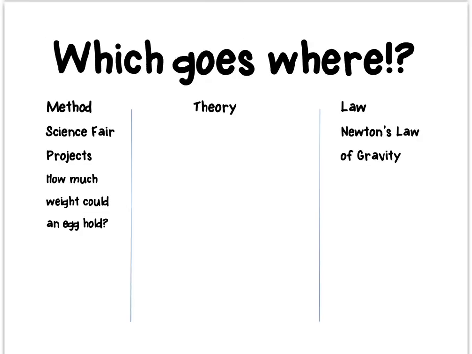All right, you and your shoulder partner should have decided and placed Newton's law of gravity under the law column. Newton's law of gravity explains why things behave a certain way. We are pulled towards the center of the earth because we have mass. And because we have mass and the earth has a gravitational pull, we are all pulled toward the center of the earth.